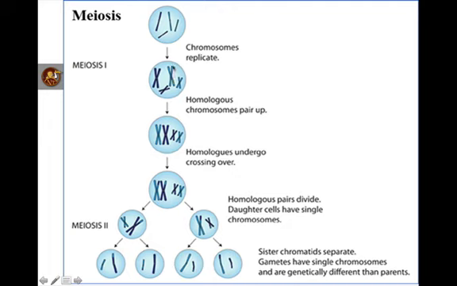So the light blue goes with light blue, dark blue goes with dark blue. Over here, we're going to undergo crossing over. We don't actually see them touching, but we know it happened because they've traded genetic information by this step. Then meiosis pretty much proceeds in 2 steps, meiosis 1 and meiosis 2. From here we have 1, and then it undergoes it again, and we end up with 4 different cells.